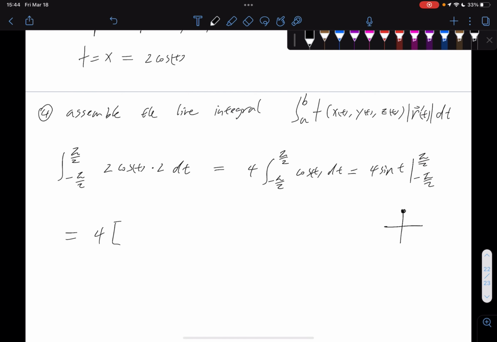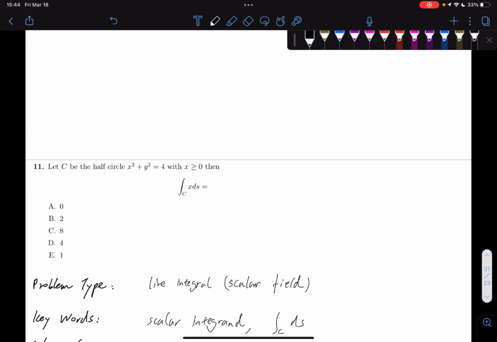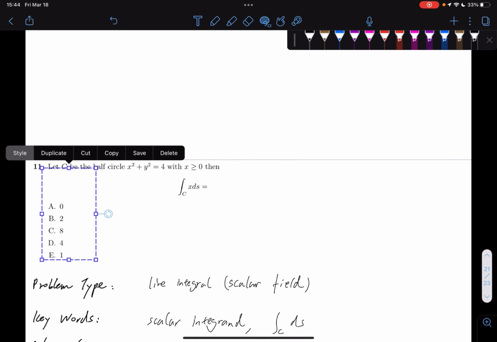Sine of t at pi over 2 is 1, and minus sine of negative pi over 2 is negative 1. So 1 minus negative 1 gives us 2, and the entire integral gives us 8. And that is the correct solution for question number 11.